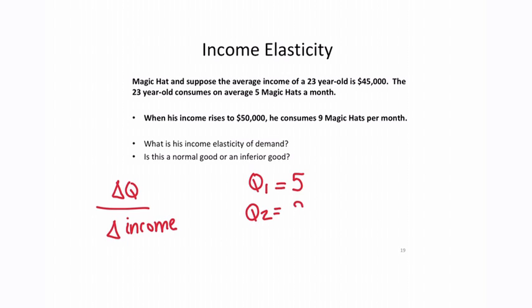Q2 is going to be 9 Magic Hats. Income 1 is $45,000 per year, and income 2 is $50,000 per year. So now all we have to do is plug in our numbers into the right place.